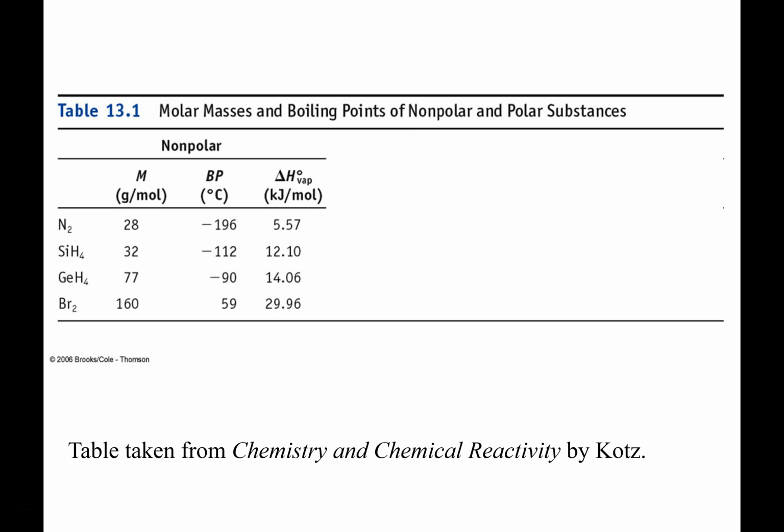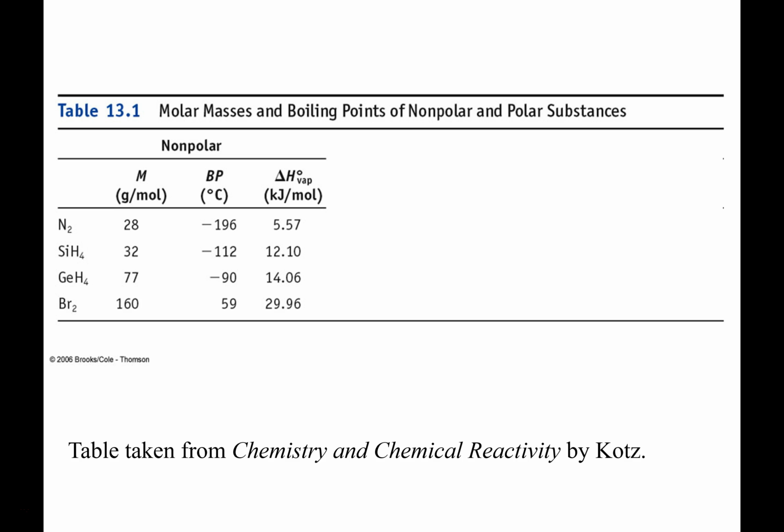A slide to show you an assortment of, in this case, nonpolar substances, and over here we're going to look at polar. These are all nonpolar substances. The reason I'm narrowing it down to there is because if they're nonpolar, this is the only sort of activity we have in town. They're arranged here already by increasing molecular weight.